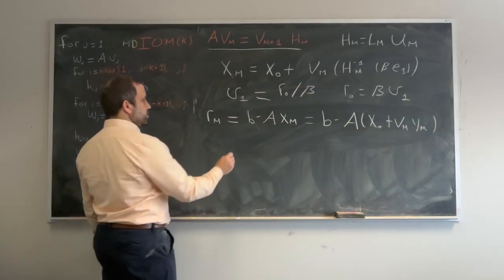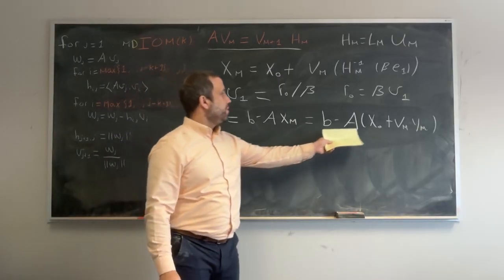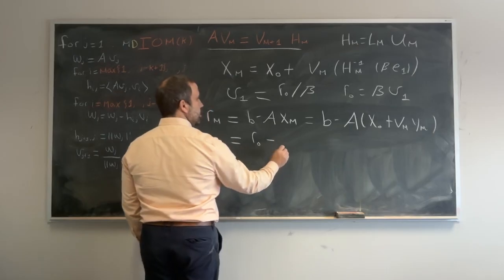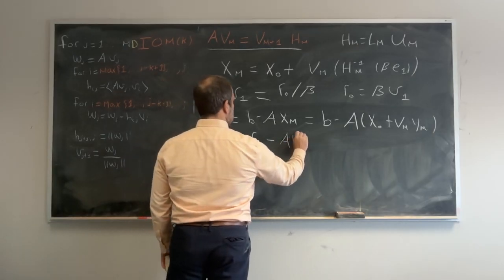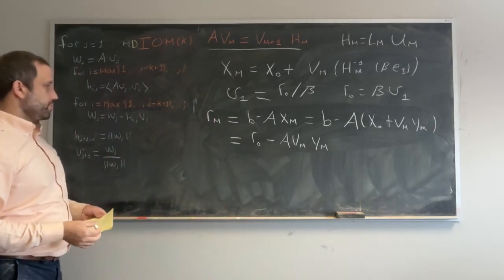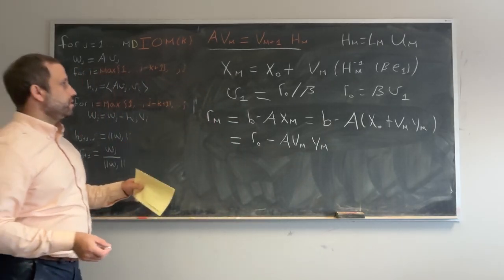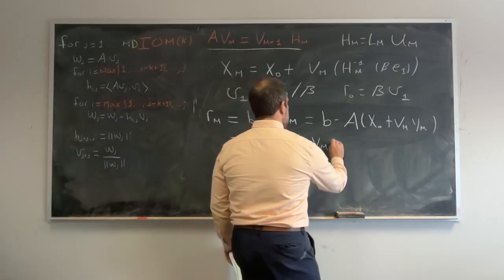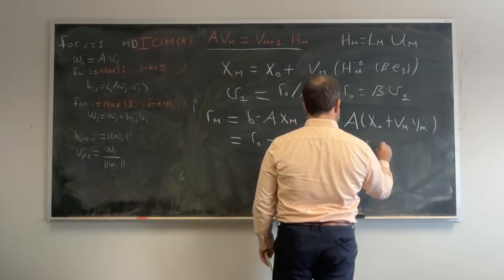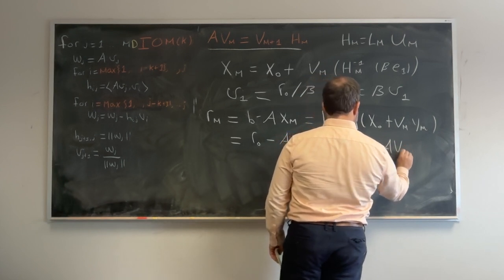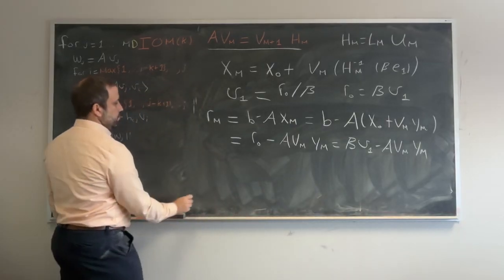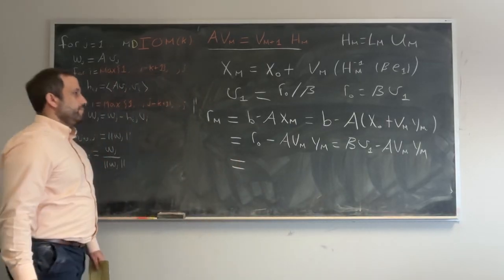So this is going to be b minus A times (x_0 plus V_m y_m). And then, doing computations as we have done before, b minus A x_0 is equal to r_0. So this is equal to r_0 minus A V_m y_m. And remember, r_0 is equal to beta V1. So we can write this as beta V1 minus A V_m y_m.